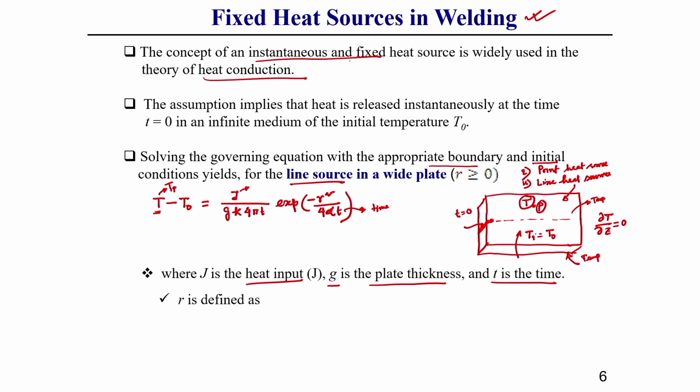There is no temperature variation through the thickness. Whatever the temperature T is at the top side, the middle also has this temperature, and the bottom side too. Any point through the thickness will have the same temperature at a particular location.